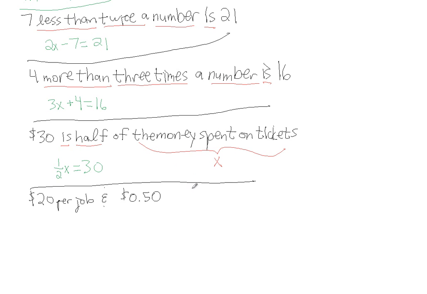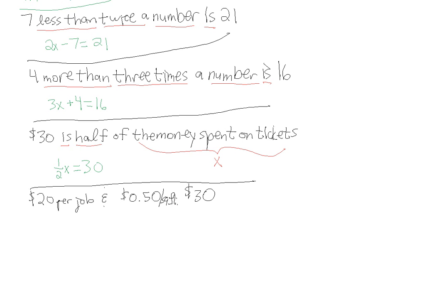And let's say Paul earns $30 for a job. Okay, we want to write an equation for this. The 50 cents is per square foot. So the amount of money he earns is going to be dependent on how many square feet the job is.